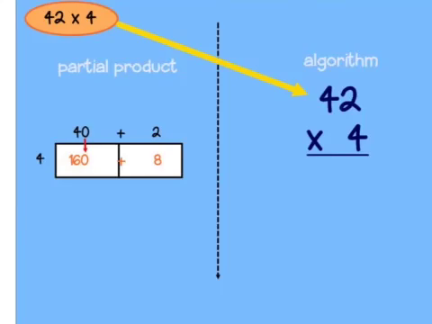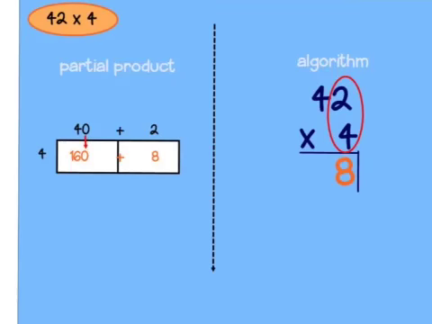Notice that I've lined up the ones column with the digits right above one another, and that the tens digits are in their place as well. This will be important as I'm using this strategy. The first step in using the algorithm will be to take those digits in the ones column and multiply them together.